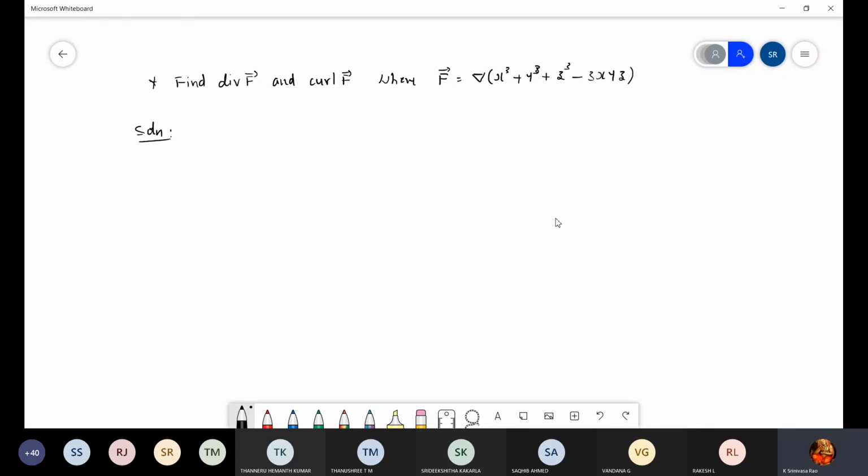What is the RHS actually? Del into what? It is a scalar, x cube plus y cube plus z cube minus 3xyz. Without a unit vector i, j, k, it is a scalar. Scalar we represent as phi. So it is given f is equal to del phi, and del phi is nothing but the gradient, grad phi.